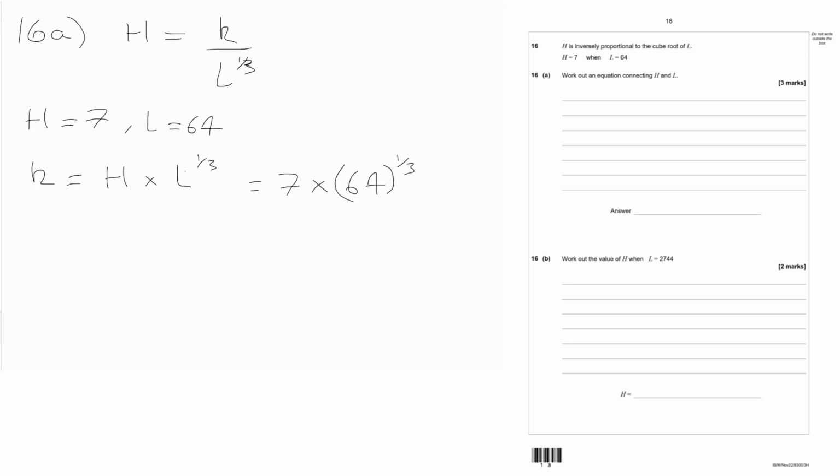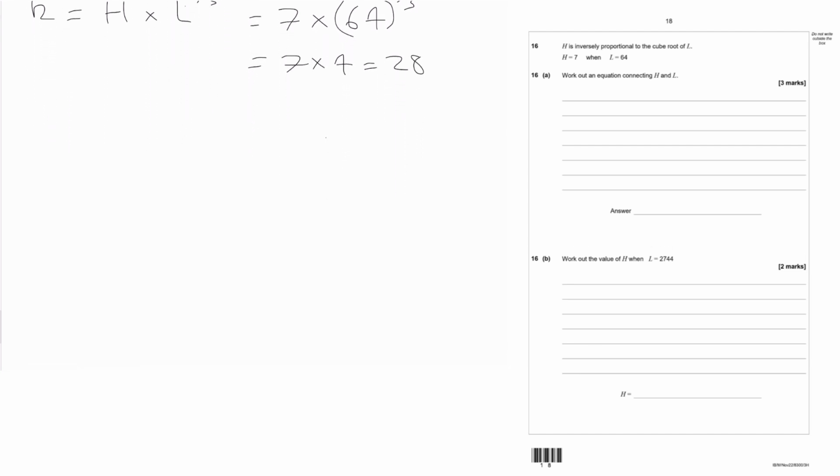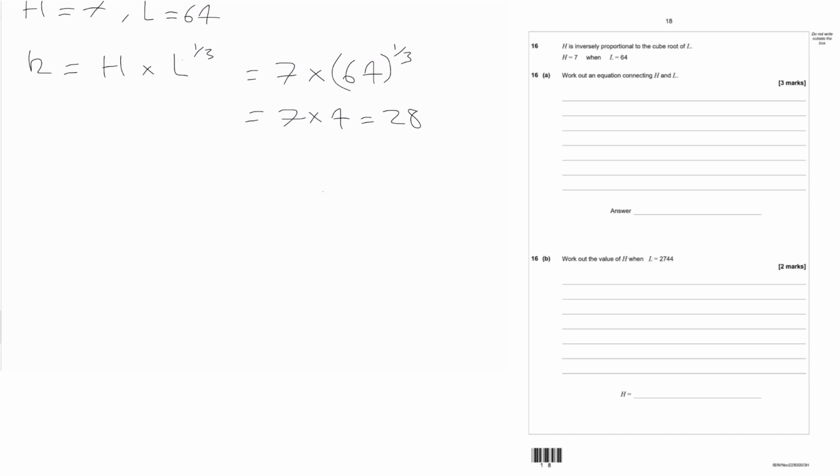And 64 to the power of a third is just 4. So this is 7 times 4, which is 28. So our final equation becomes h is equal to 28 over L to the power of a third.